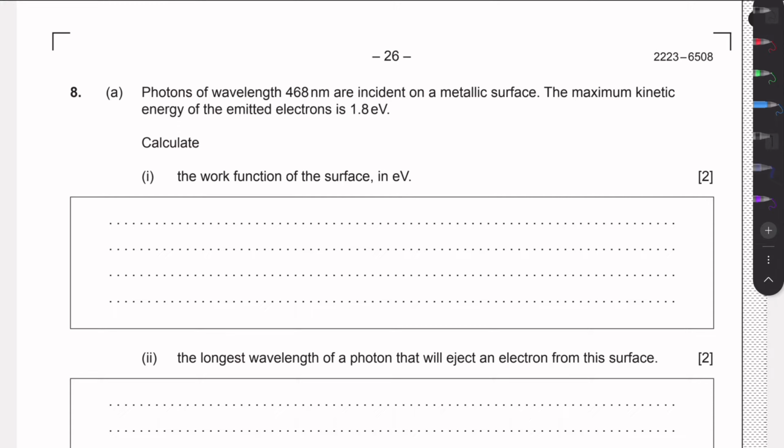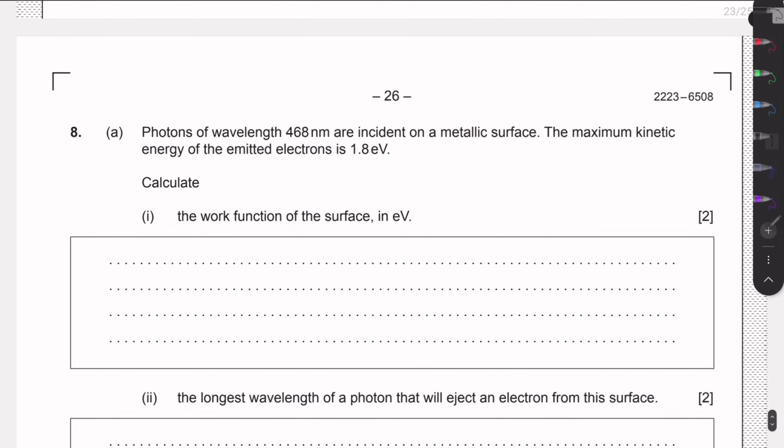So this phenomenon is known as the photoelectric effect. Very briefly, we have some surface, some metal plate, and we have photons being emitted here. The energy of a photon can be given by the formula h times f, where h is Planck's constant and f is the frequency.